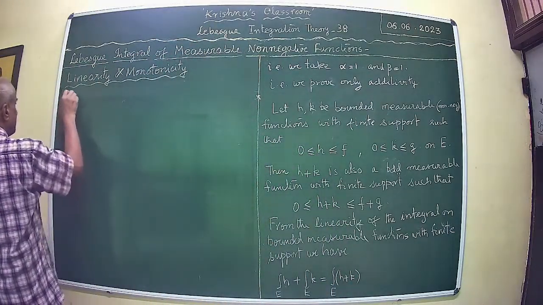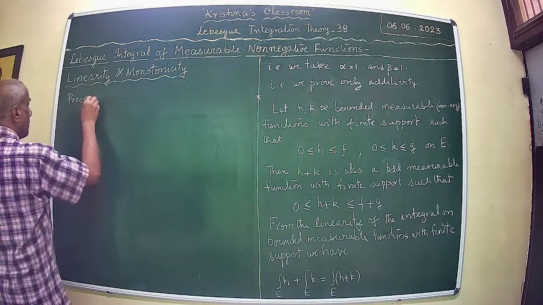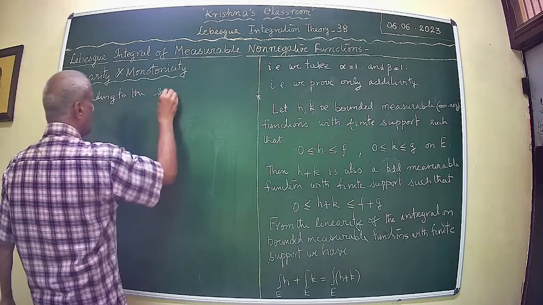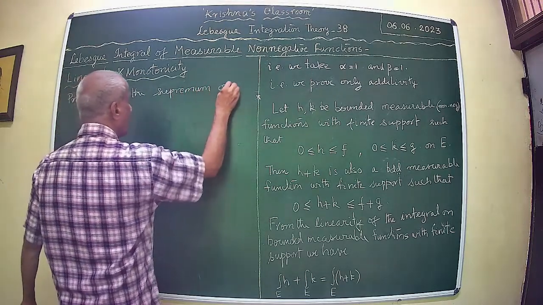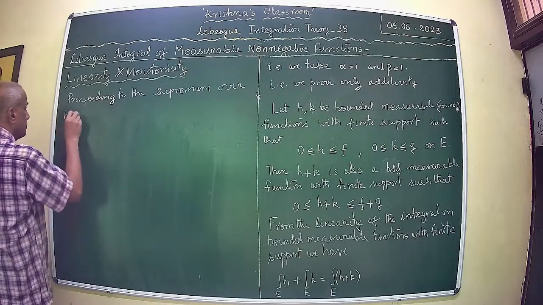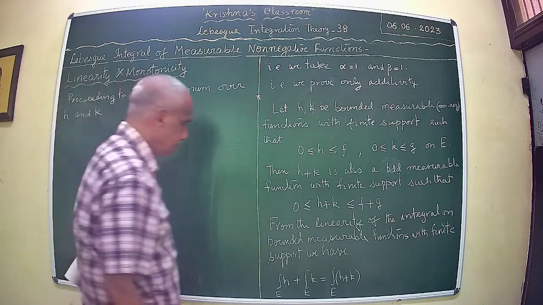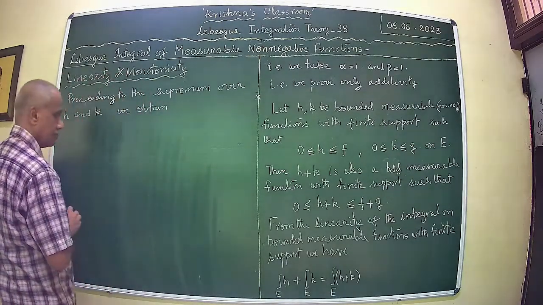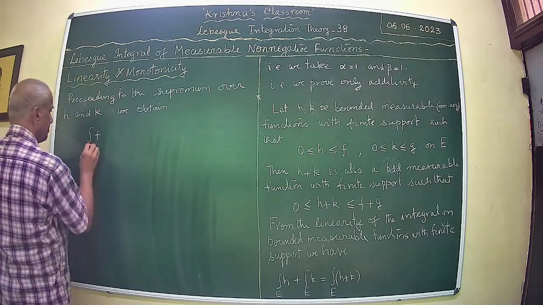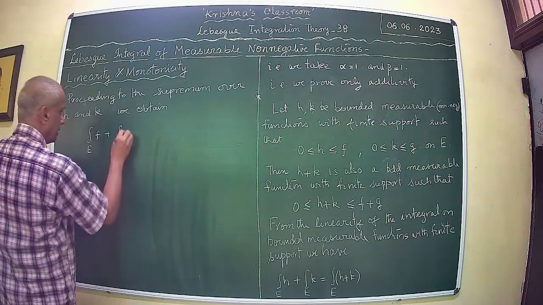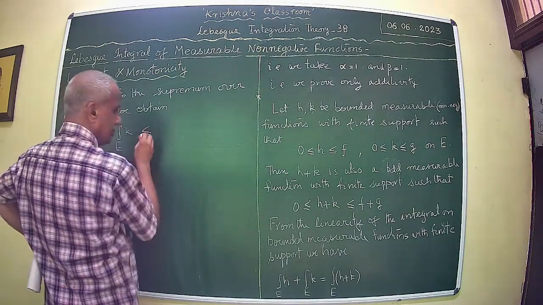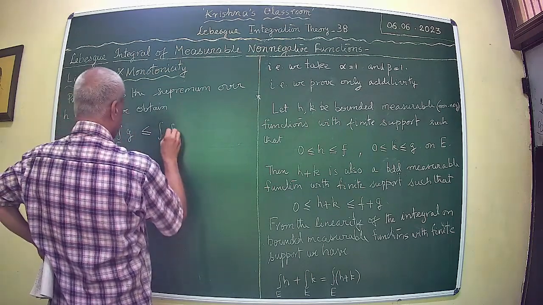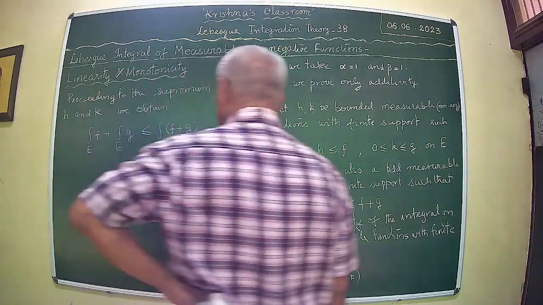So proceeding to the supremum, we obtain the integral over E of f plus the integral over E of g is less than or equal to the integral over E of f plus g.